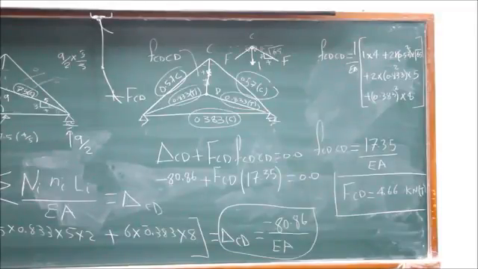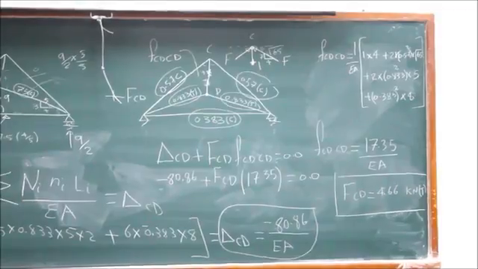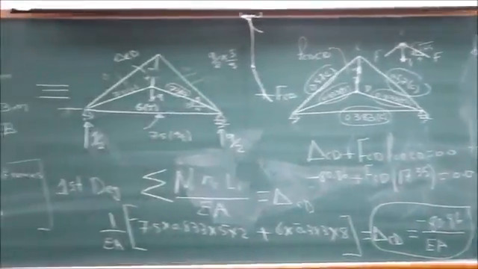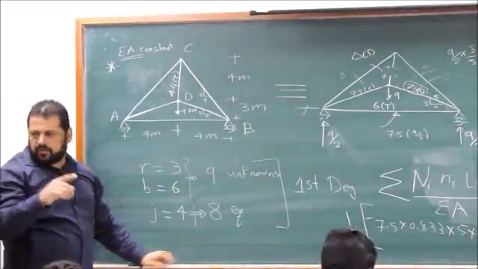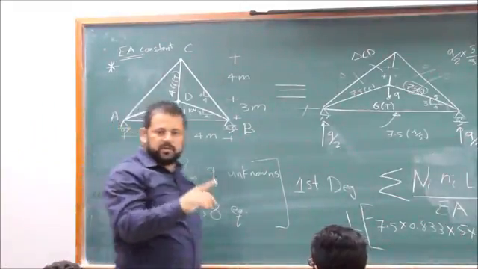That's the answer. How much? 4.66 tension. Good? 4.66 tension. Now, you have a book.